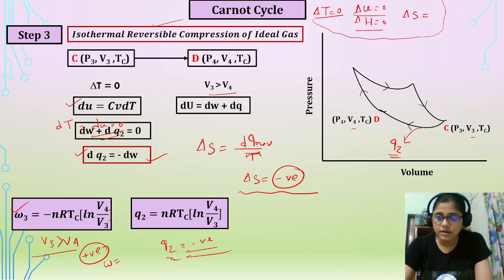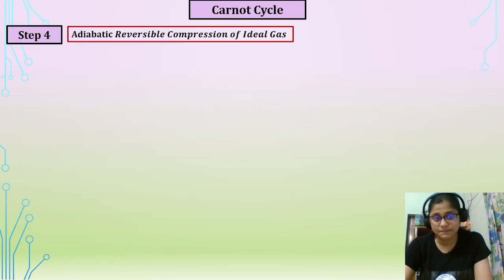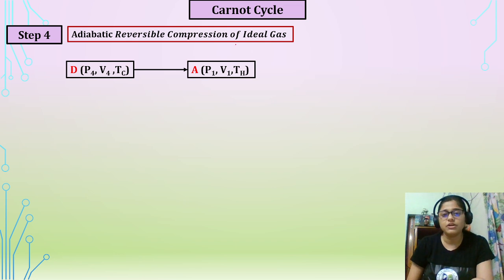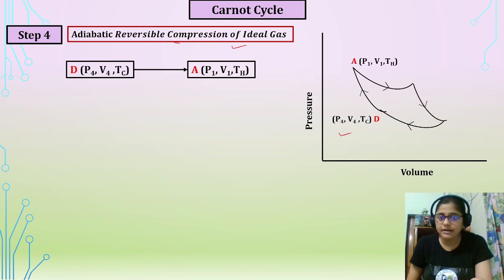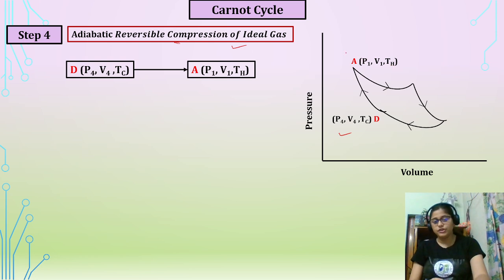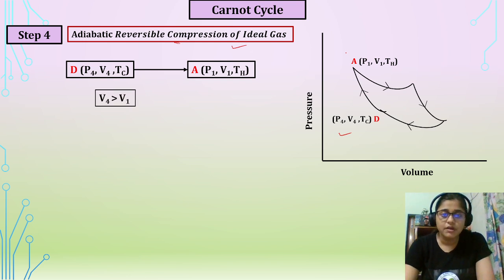Now the last step: adiabatic reversible compression of an ideal gas. Compression is going on and the rest of the things are the same as adiabatic. P4, V4, Tc is there, and in the adiabatic case it will again be TH at point A. We know that. So now V4 is greater than V1 because compression is going on, and Tc will be higher than TH.